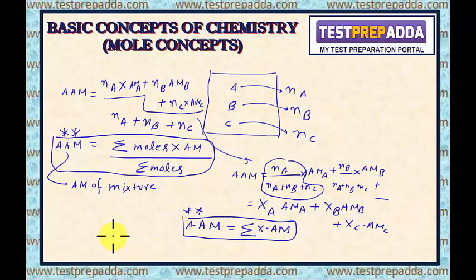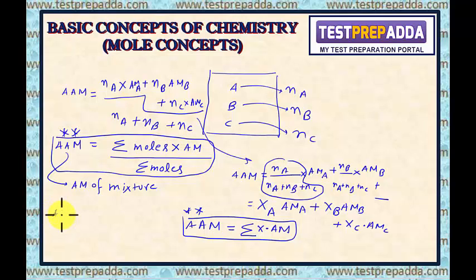Now, one more way to find average atomic mass is if the percentage is given, the percentage abundance of different isotopes, or better I say different elements, given. Percentage of total number of atoms.